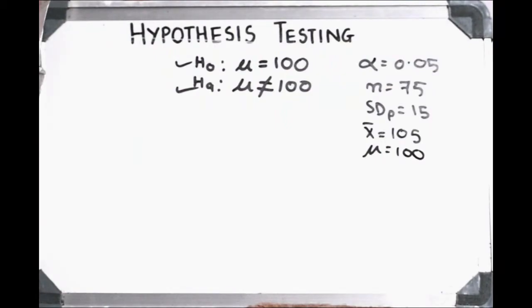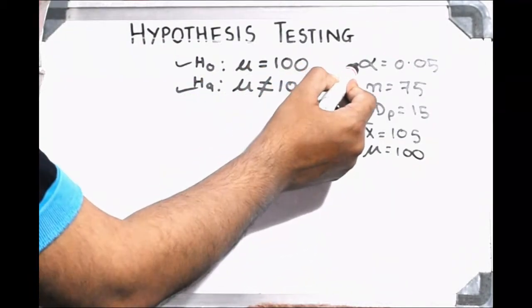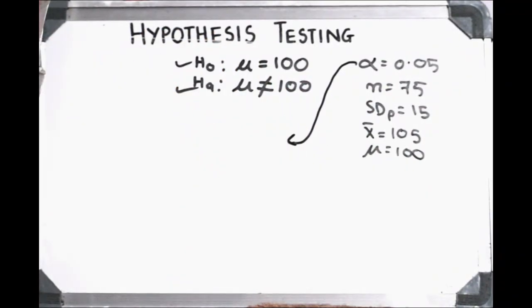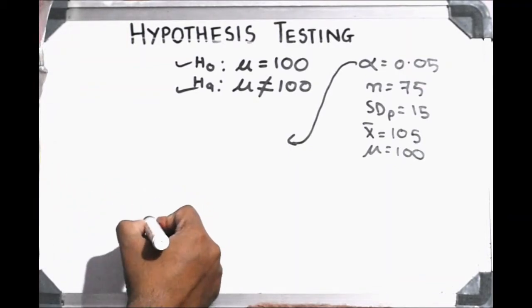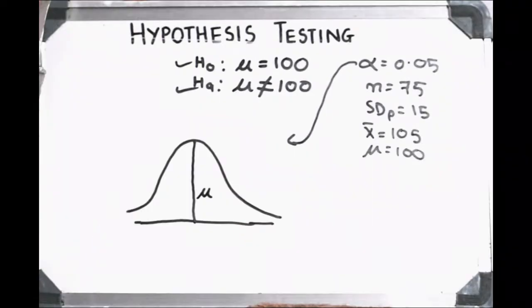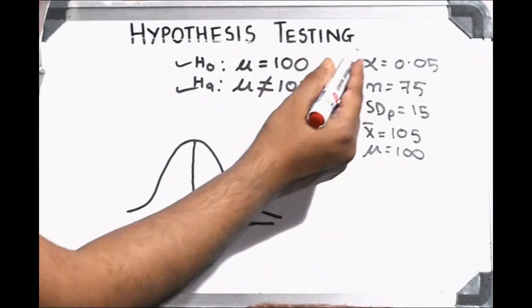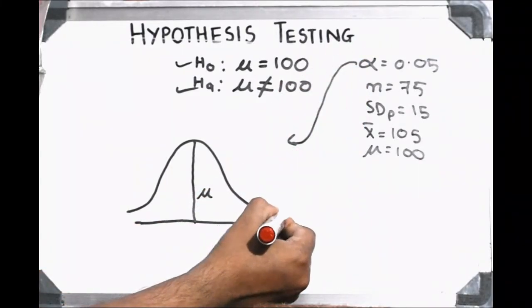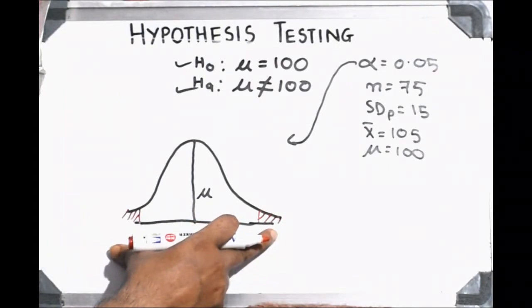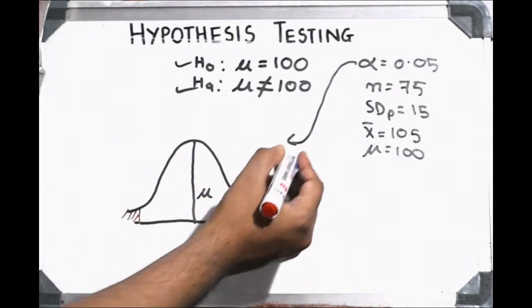And we need to plot this alpha value on the normal distribution curve. So let us begin by plotting this alpha value on the curve and see how the normal distribution curve looks. Since it is a two-tailed test, the rejection region will be lying on both tails.